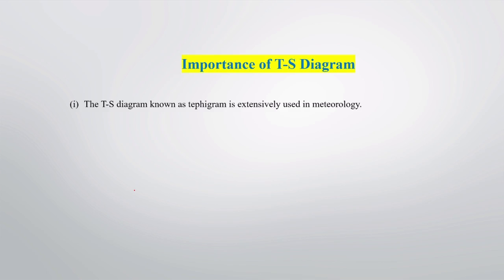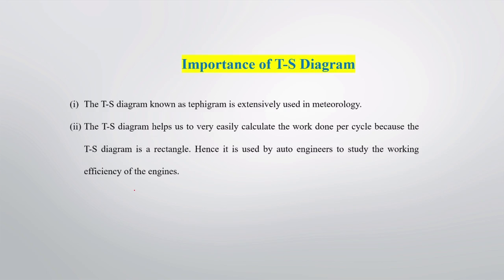Also this helps us to find the work done per cycle, because the TS diagram is a rectangle, so we can easily calculate the work done per cycle. Therefore it is used by automobile engineers to study the working efficiency of engines. While studying, they can theoretically calculate as well as actually find the efficiency of the actual engine. So these are the importance of the TS diagram.